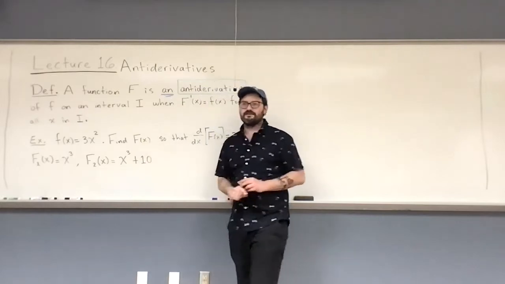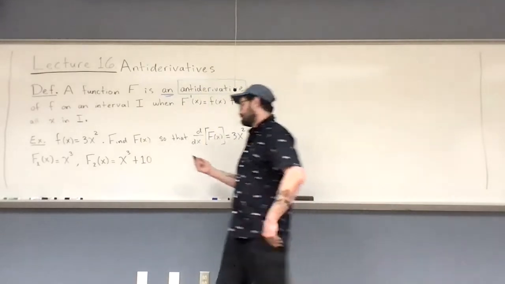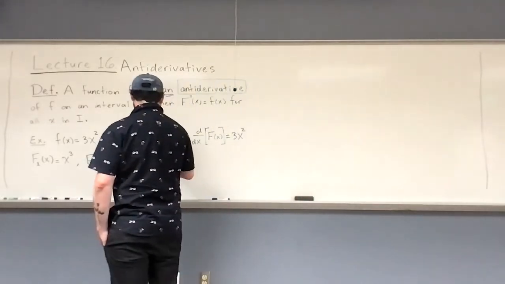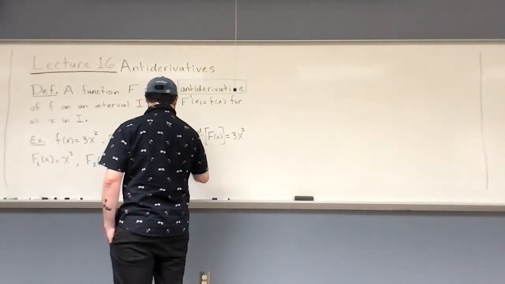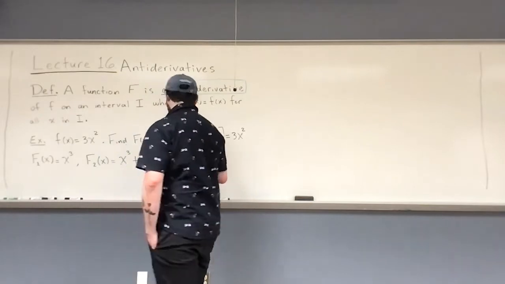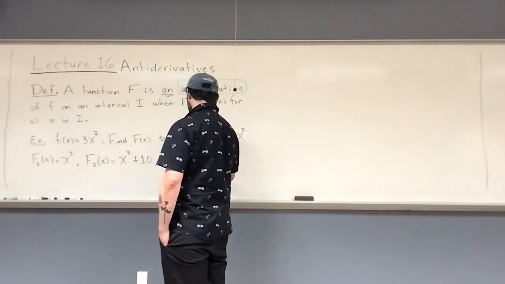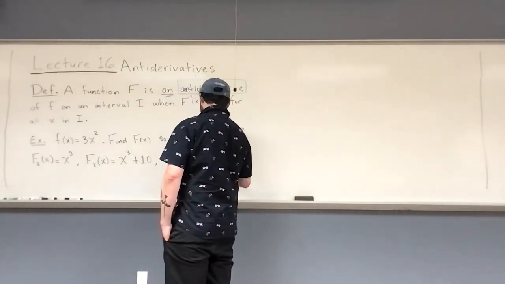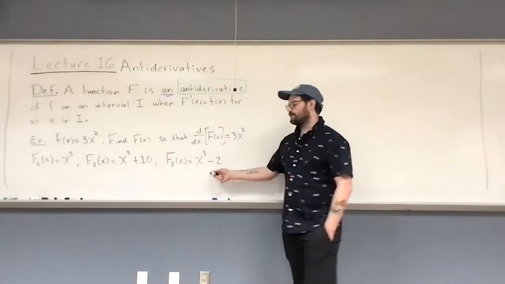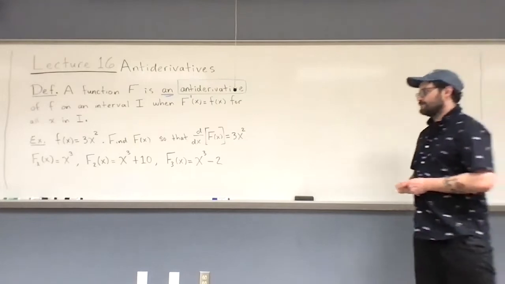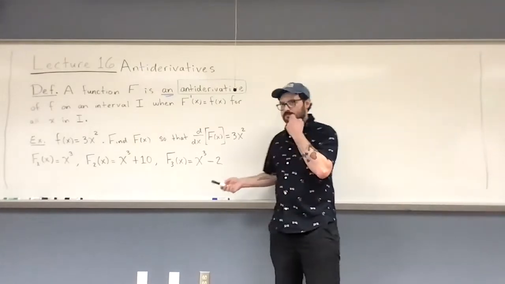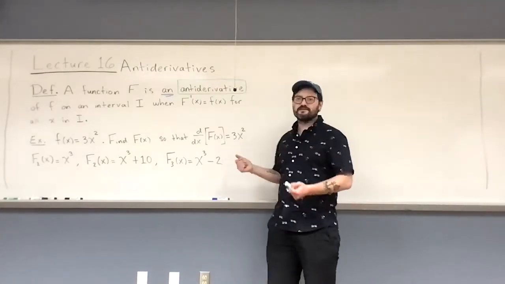So that would work. What about, I'll make another one, capital F sub 3 equal to x cubed minus 2? What's the derivative of that? 3x squared minus 0, so it'd just be 3x squared.